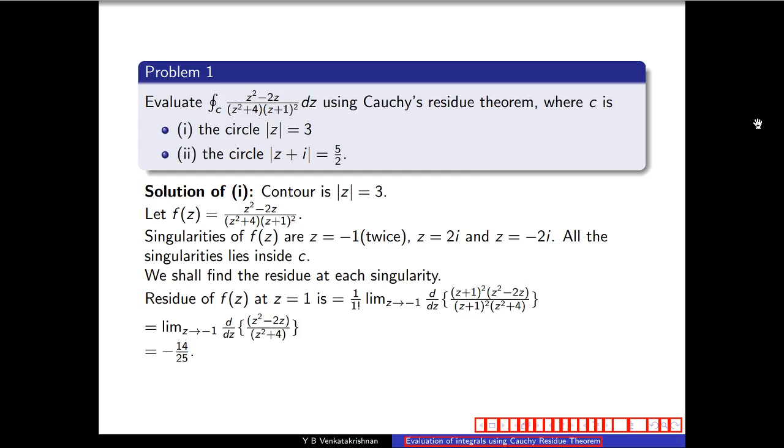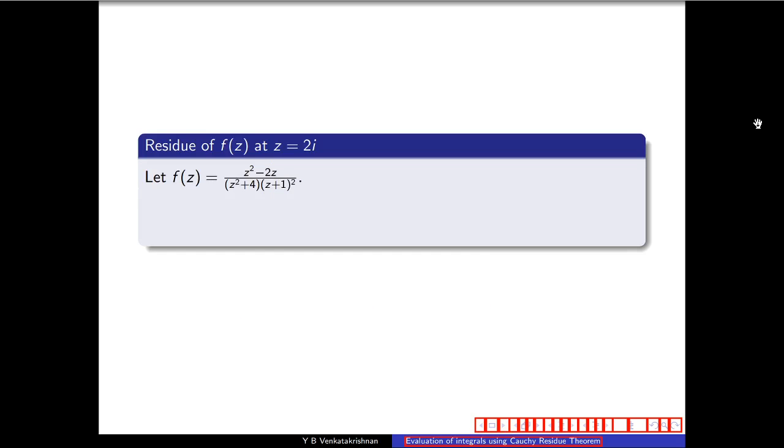And this gets simplified to d by dz of (z squared minus 2z) by (z squared plus 4), and allowing z tending to minus 1, the value of the residue turns out to be minus 14 by 25.